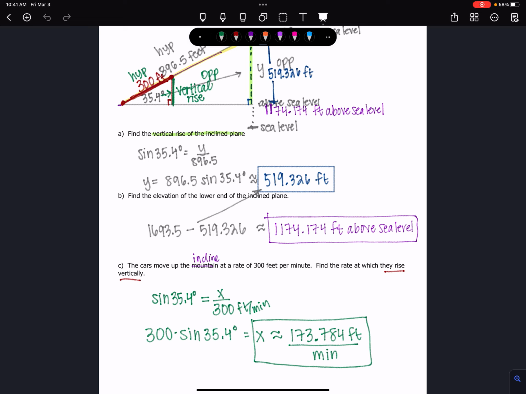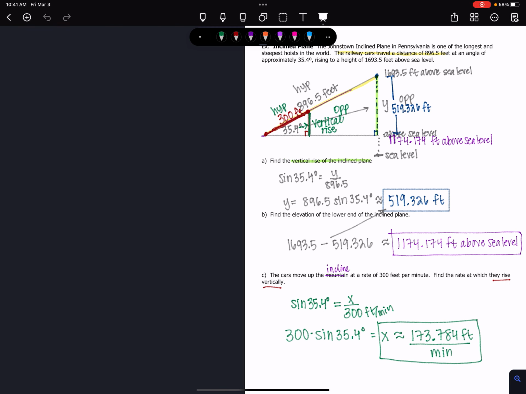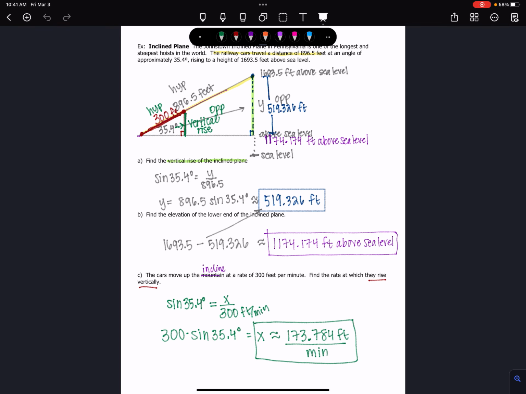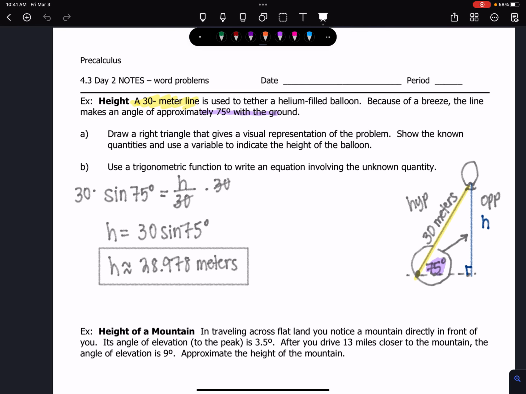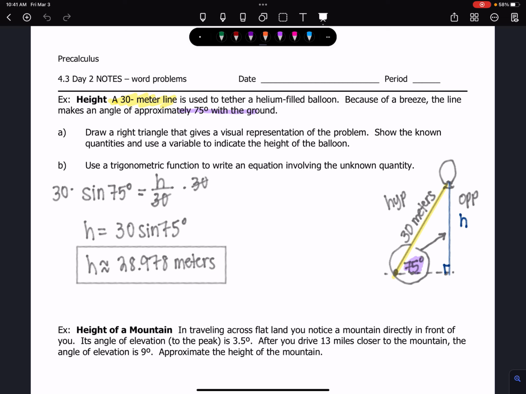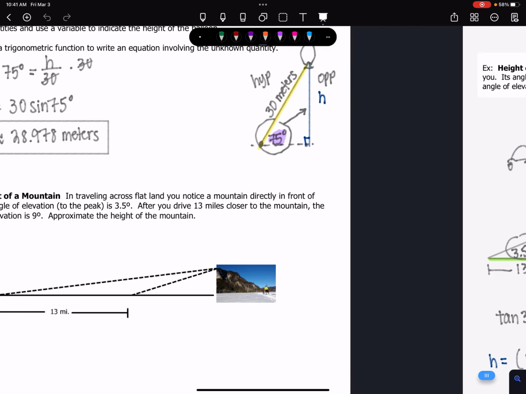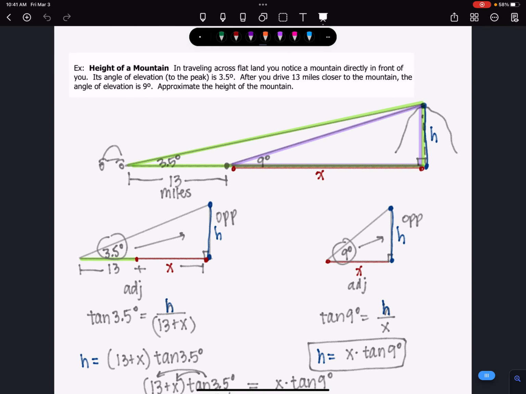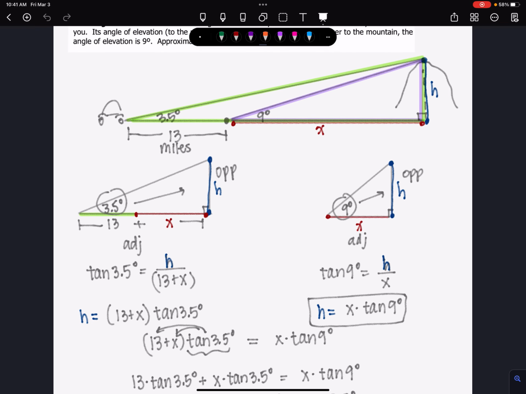That concludes this video and the notes of word problems involving trig functions. We completed a pretty simple problem, which many of our problems are, that can be solved with one right triangle. We solved a little bit more complicated one where we needed to use our algebra skills of solving a system of equations and then substituting back in one value for the other.